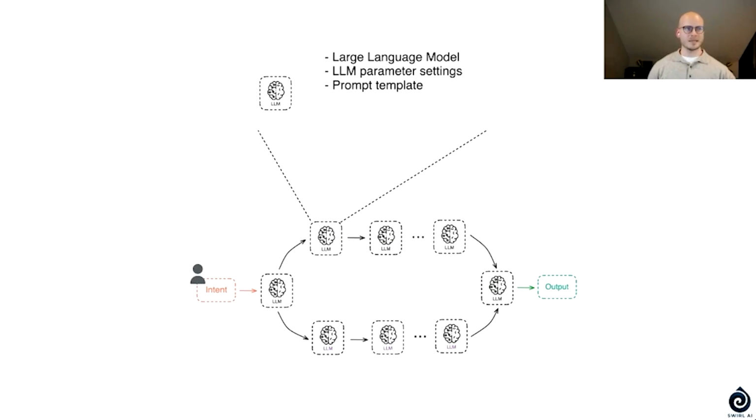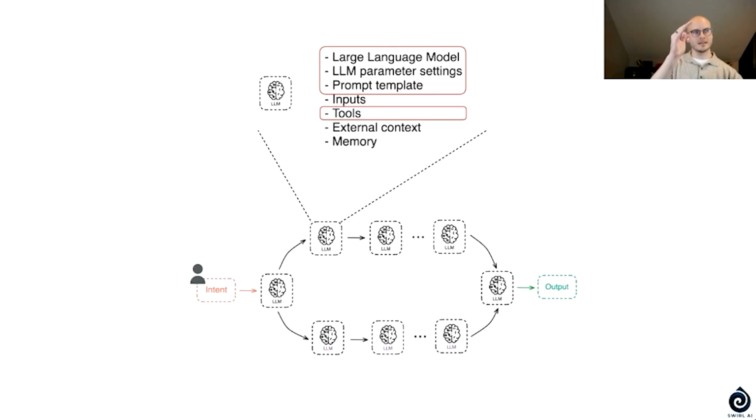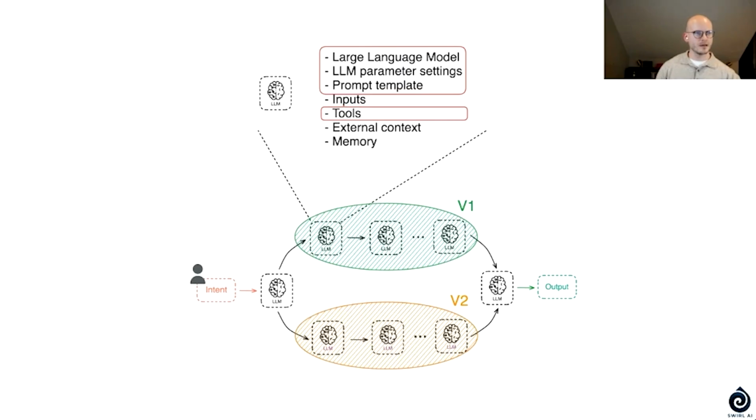Then the prompt template, which is being fed into the LLM, inputs into that prompt template before rendering the prompt, tools available to that specific node, external context being pulled into the context, memory, and similar. And then these 4 would be versioned, because these are really static for a specific version of your application, while others are a little bit more dynamic.